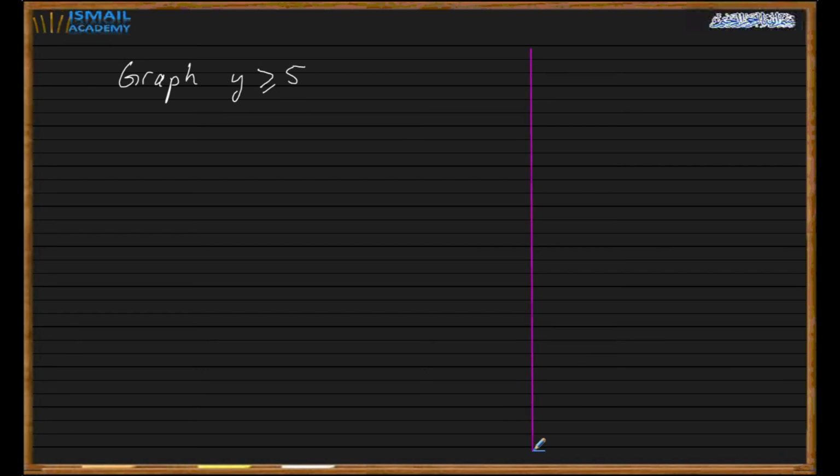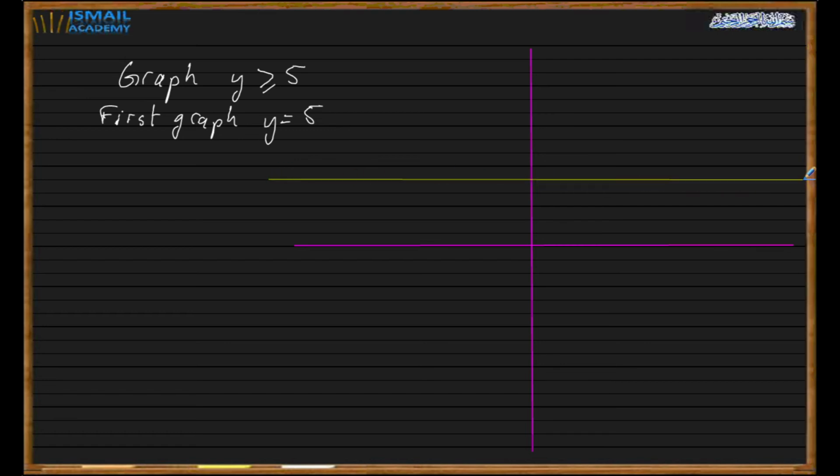Like I say, first graph y equal to 5. So y equal to 5 is, this is 1, 2, 3, 4, 5. So this is going to be the location of my line. All right, so here we have equal, so I'm going to keep it a solid line. So this is y equal 5.